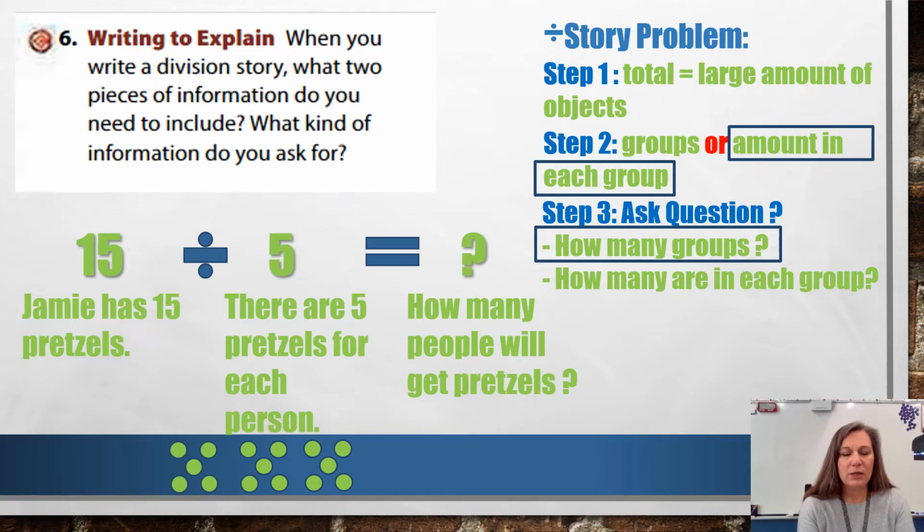If you notice, we're counting how many groups of 5 we have. So we can say that we have 3 groups, or 3 people are going to get pretzels. So division, remember, is taking the whole number of objects and putting them into smaller groups to find either the number in each group or the number of groups we have.